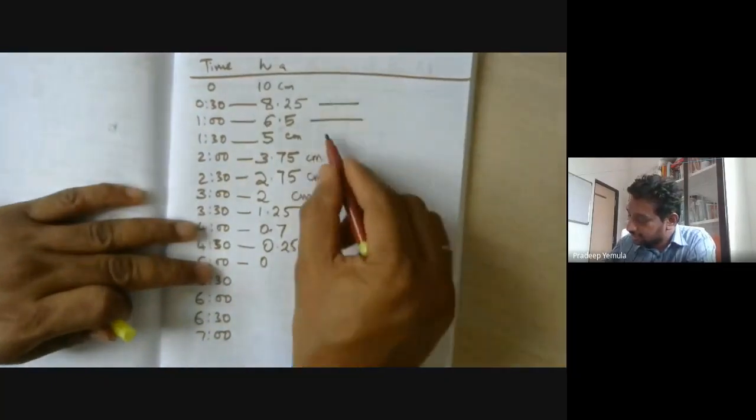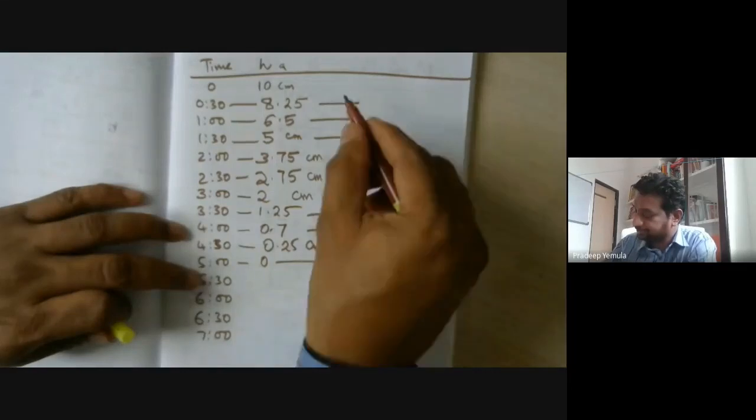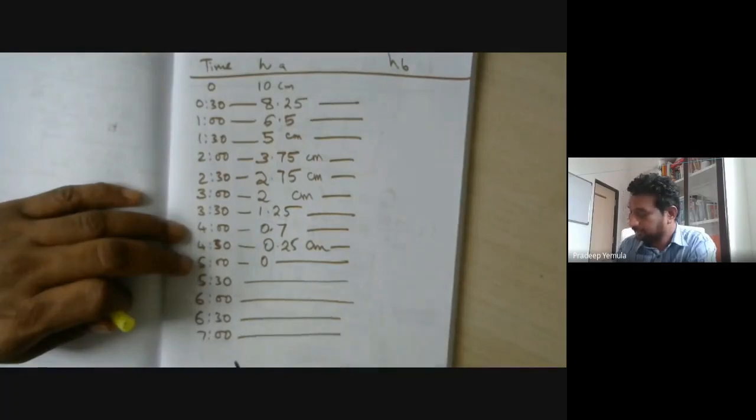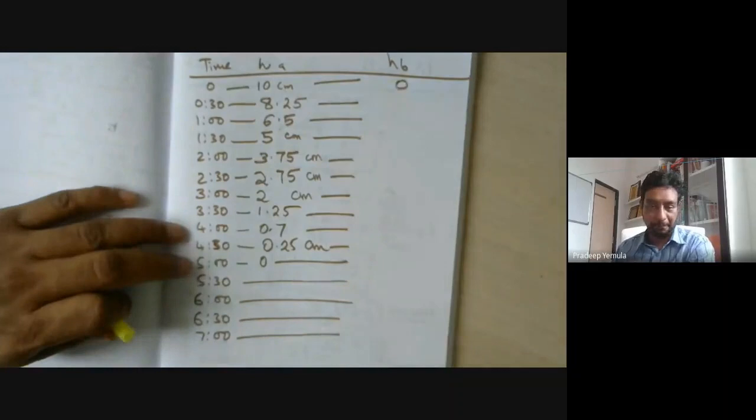Now what I want to do is see what is HB. It starts with 0 and it will increase and it will decrease.